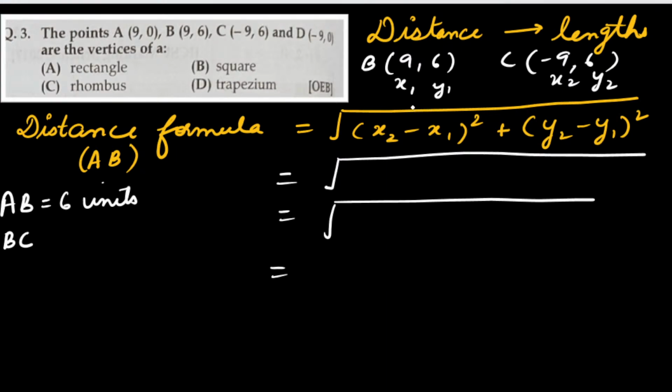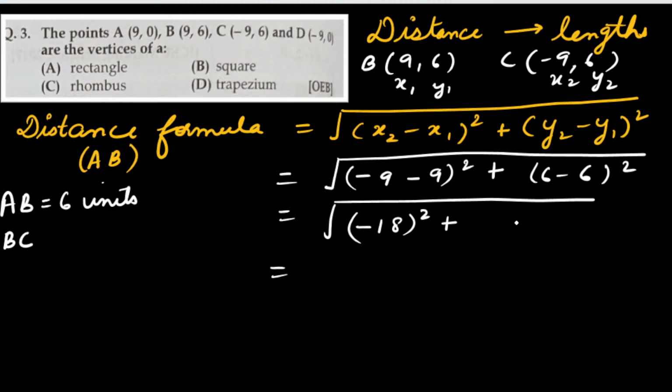So x2 is minus 9, minus x1 which is also 9. So minus 9 minus 9, that is minus 18, whole square, plus y2 minus y1, 6 minus 6 whole square. So minus 18 whole square plus 6 minus 6 is 0, so 0 square.